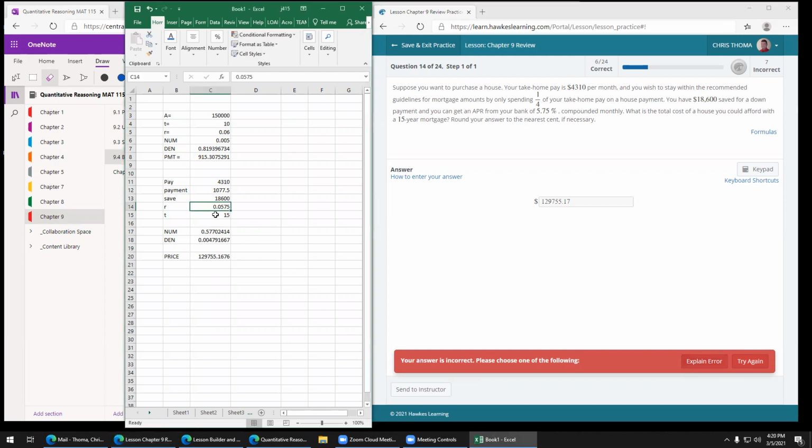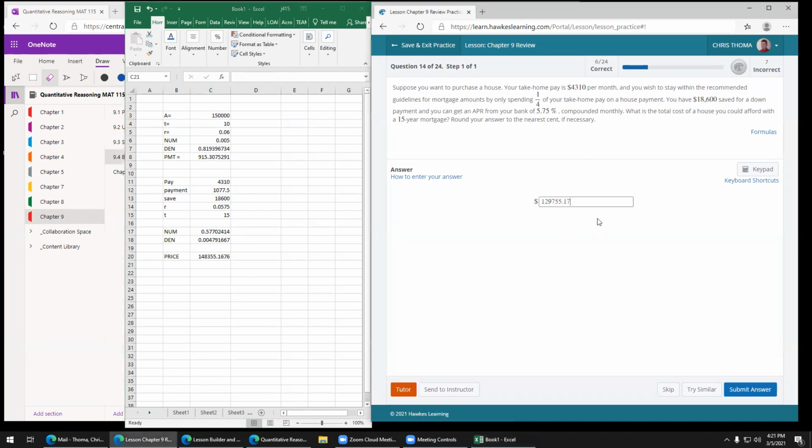5.75%, 15 years. No, we forgot to add in the down payment. We get to add on our savings. If we didn't have the savings, that would be the right answer.